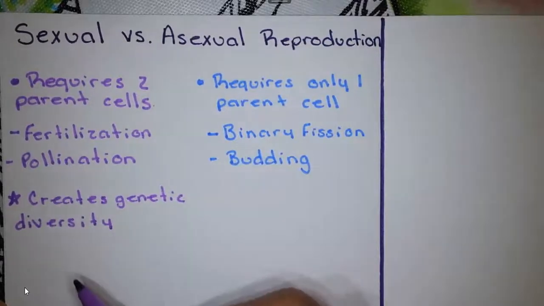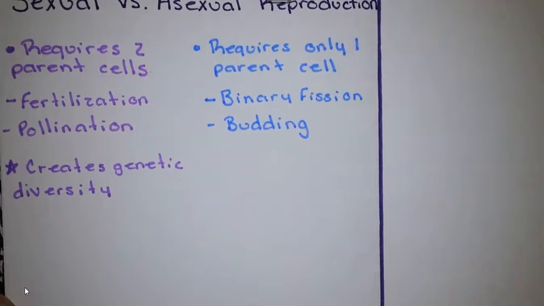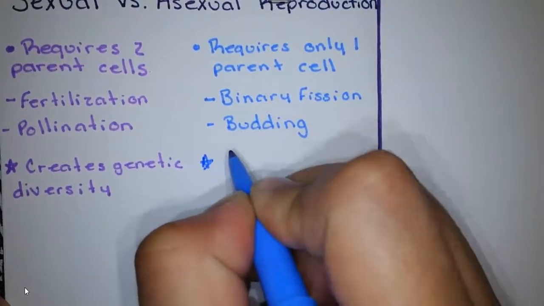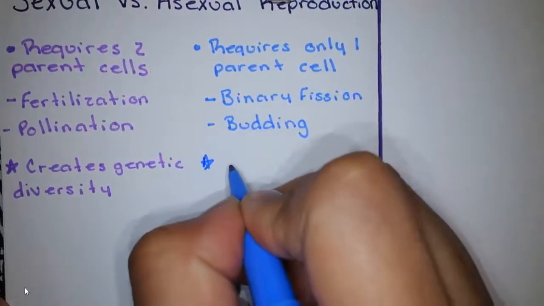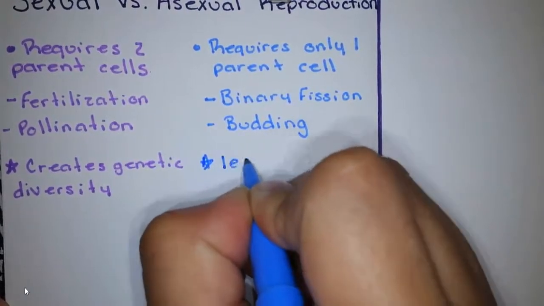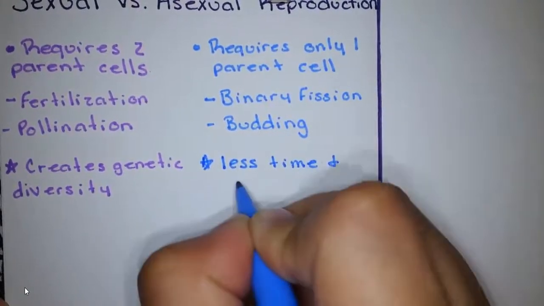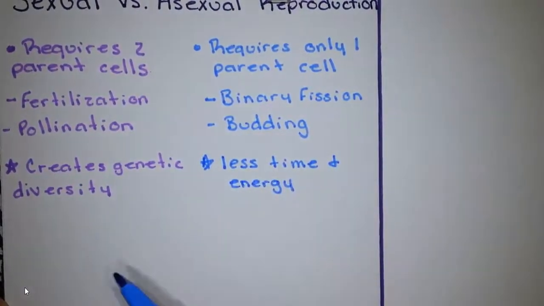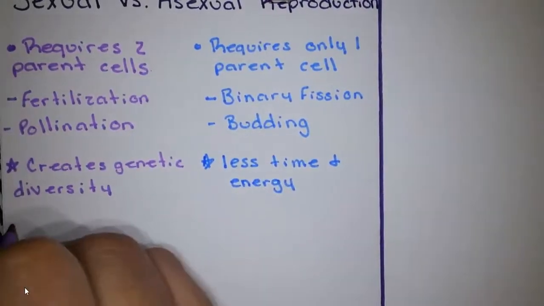They don't all look the same. They can withstand different environments. And in asexual reproduction, it takes less time and energy. Okay, these are advantages.